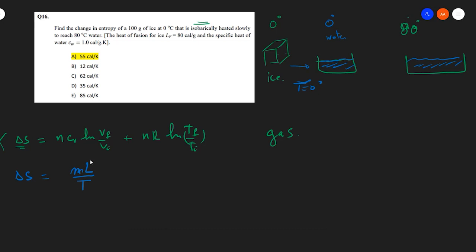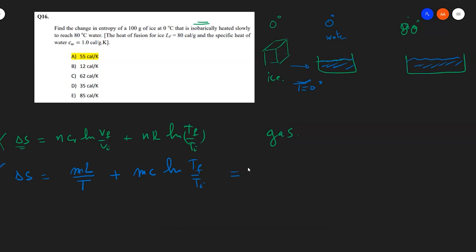So this is the first process, plus, to go from here to here, we have M C, be careful here, it's C, the specific heat, ln TF over TI. This relation is different from the other one. That one we use for change of phase, and this is what we need for the liquid.